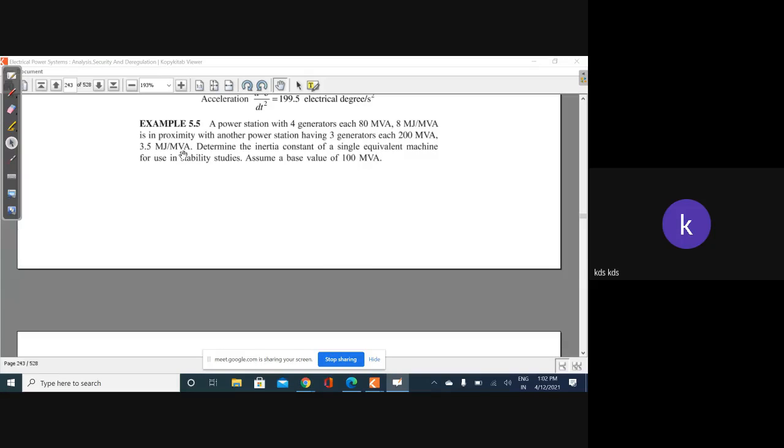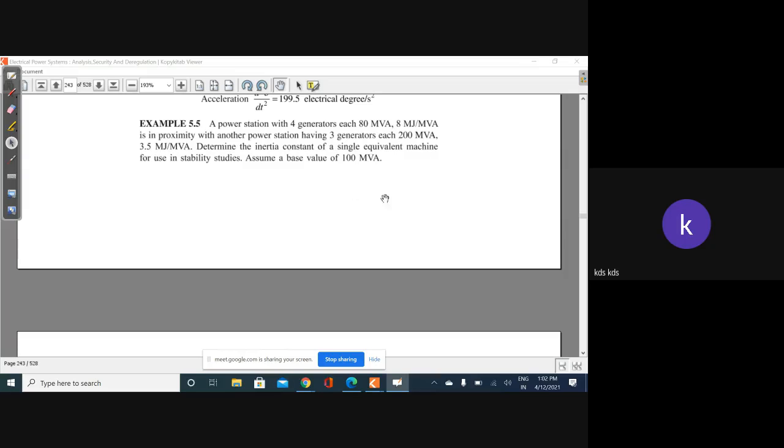In stability studies, H is very important because it specifies the kinetic energy stored per unit of rating, for 1 MVA. So the inertia constant value becomes very important for stability studies. Determine the inertia constant of the single equivalent machine.